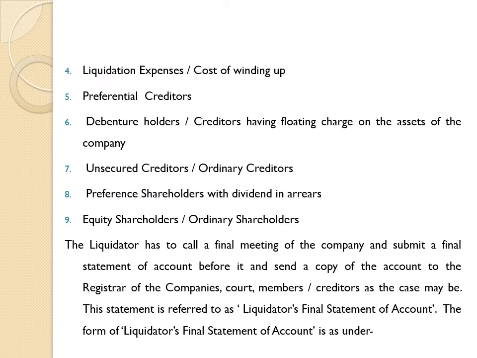liquidator's remuneration, third is liquidation expenses, fourth is preferential creditors, fifth is debenture holders or creditors having a floating charge on the assets of the company, sixth is unsecured creditors, also known as ordinary creditors, seventh is preference shareholders with dividend, and eighth is equity shareholders or ordinary shareholders.